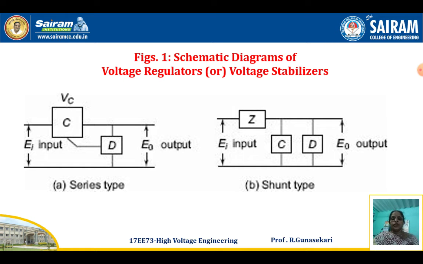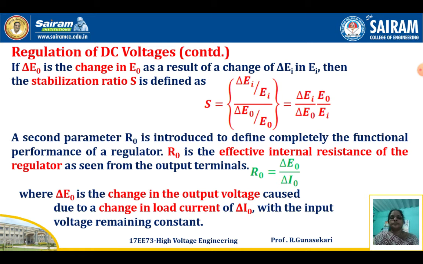The output voltage is E0. In the shunt type, EA is the input, E0 is the output, but impedance Z is connected in series with the input and C and D are connected in parallel. This is the difference between the series type and shunt type voltage regulators.